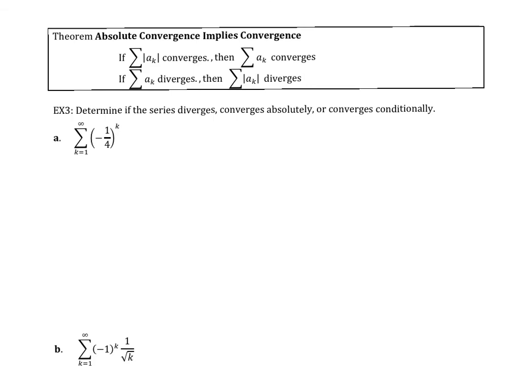However, that definition is not easy to use. What we use when we check for convergence of alternating series is, if the absolute value converges, then the series converges. So if the absolute value will converge, then the series will converge.